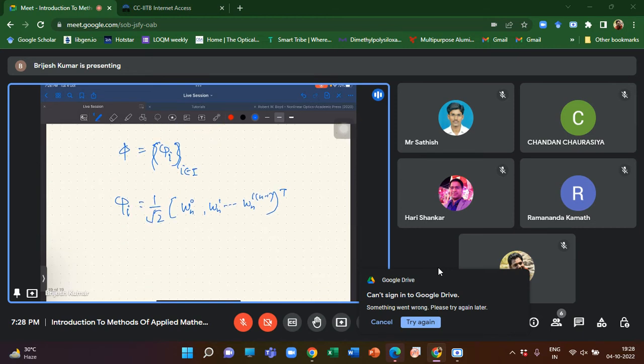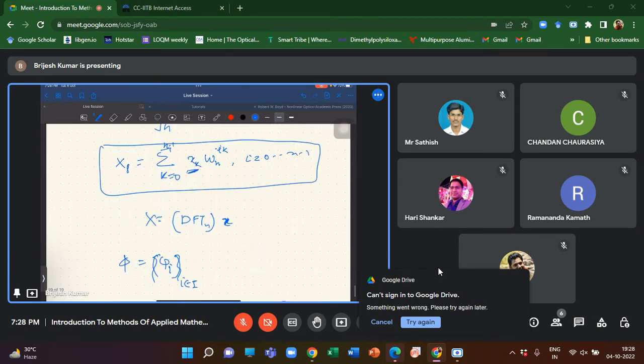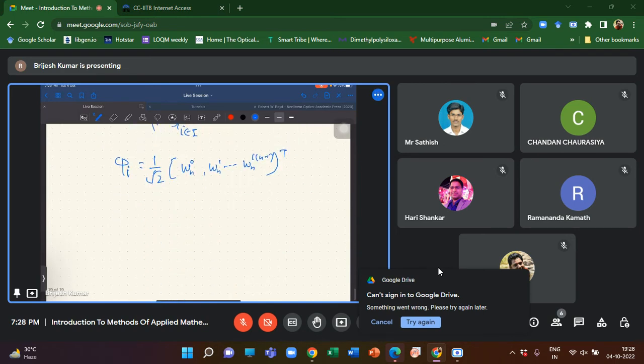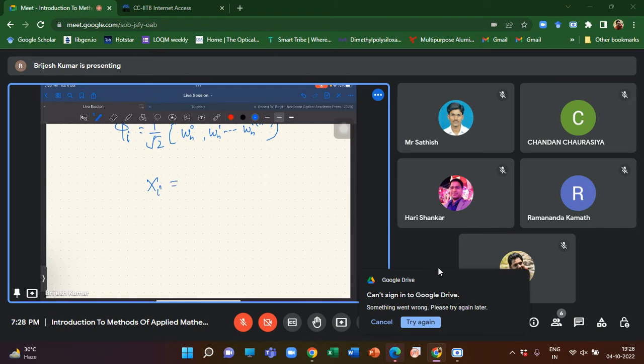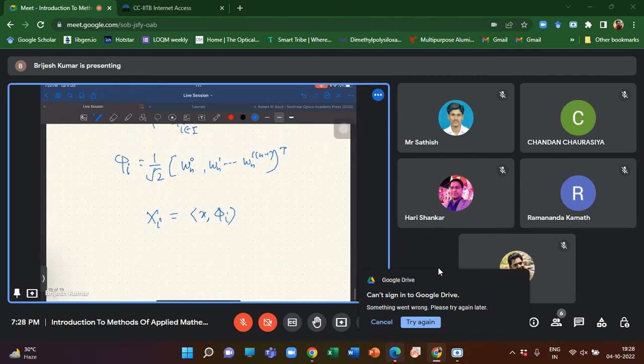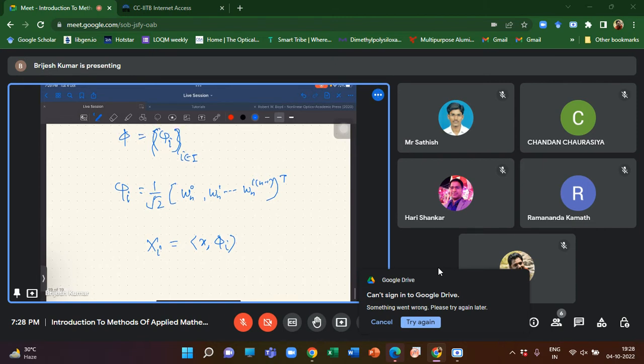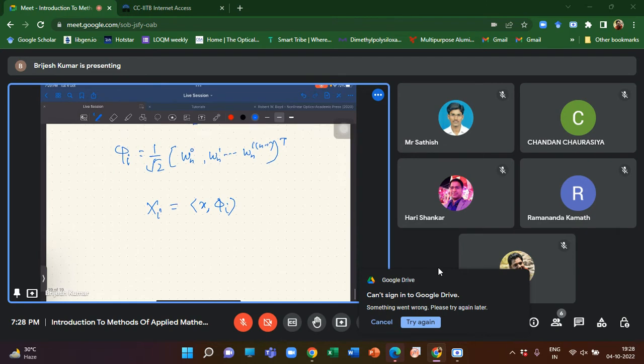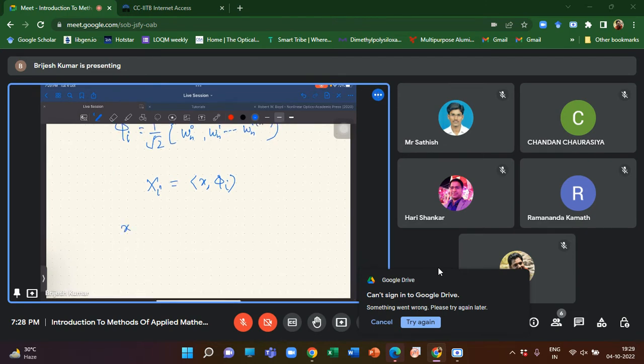Then this expansion formula can be seen like x_i is equal to the inner product of x comma phi_i. For the reconstruction formula, x will be the summation, i tends to 0 to n minus 1, of x_i phi_i, and this will become the summation of x comma phi_i times phi_i.